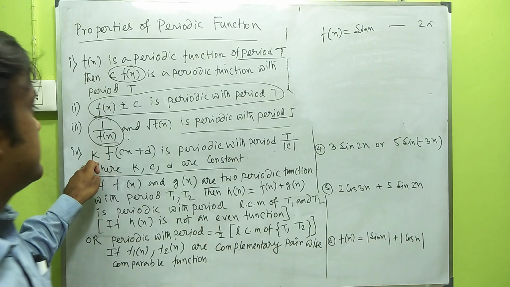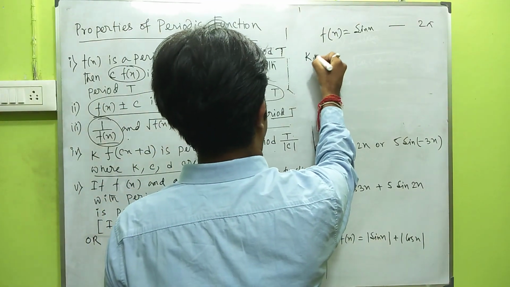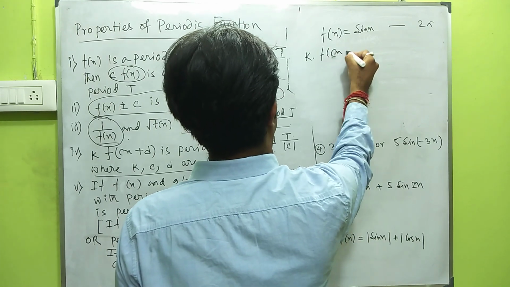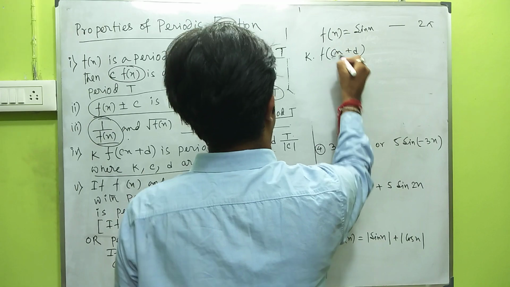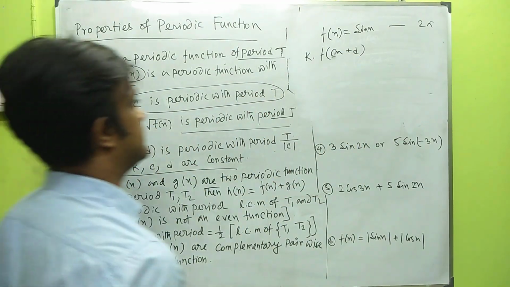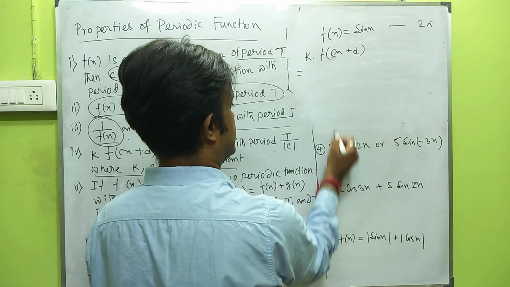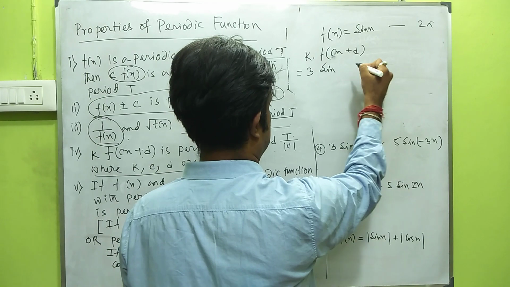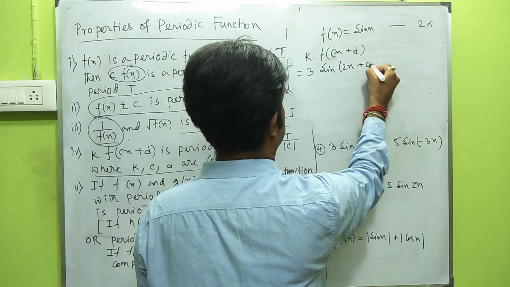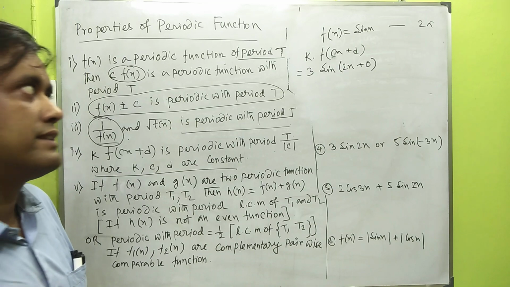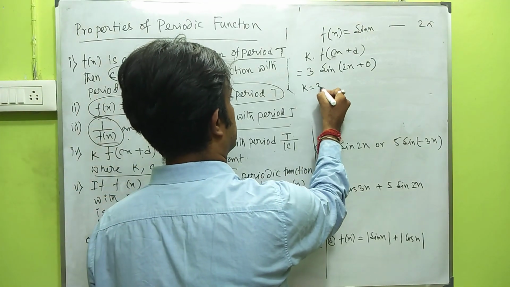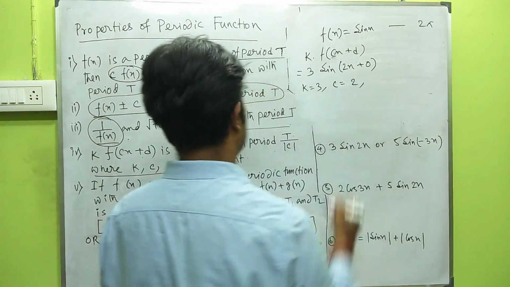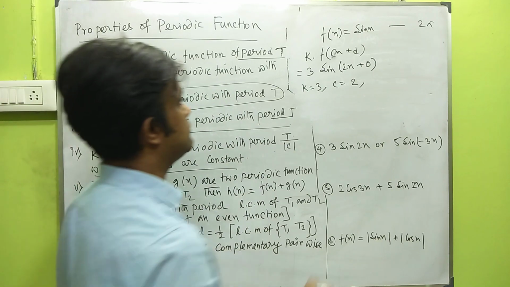Now we compare this k into f of cx plus d. We write this k into f of cx plus d. Compare this with 3 sin 2x plus 0. Here we see that k is equal to 3, c is equal to 2 and d is equal to 0.